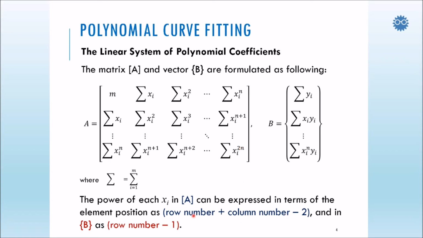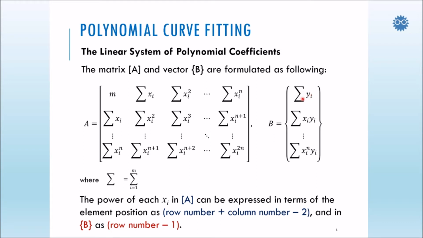So this way, all elements except the first one, except a11, follow the rule of row number plus column number minus 2 for the value of the power of each x in the matrix. For the constants vector, the rule is row number minus 1 for x's.